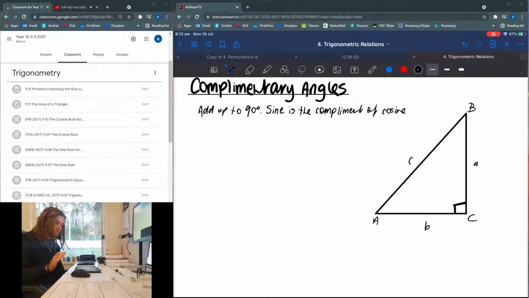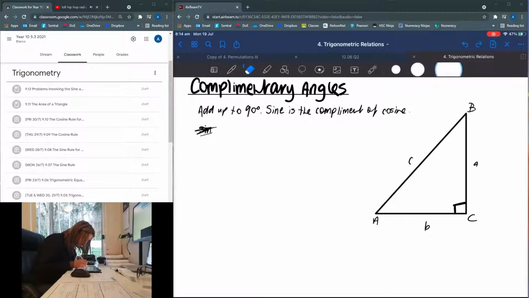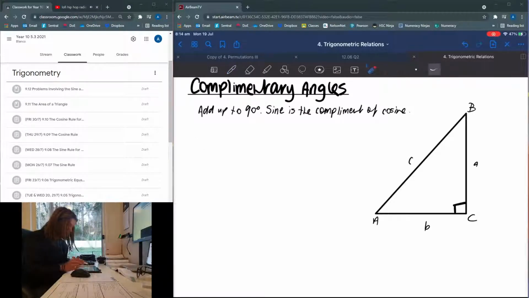I'm going to start writing out some of the ratios. First thing we should note is this. The angles in here have to add up to 180 degrees. If this is already 90 degrees, what can I say about A and B? I can say that they have to add up to 90 degrees. 90 plus 90 is 180.